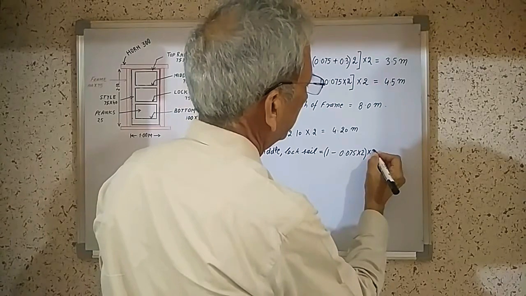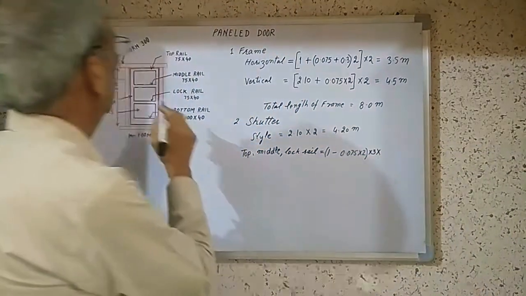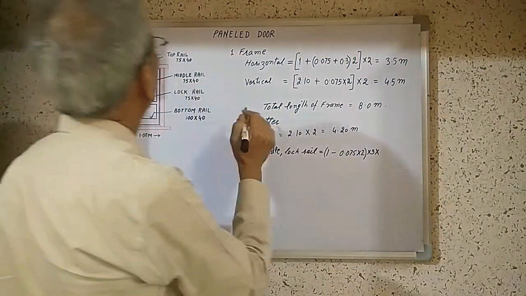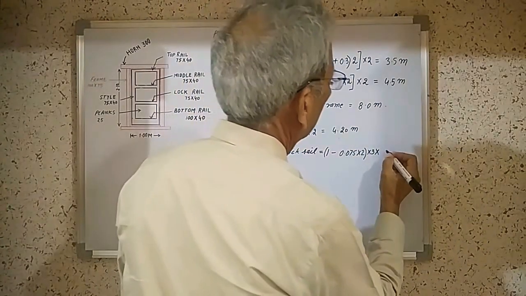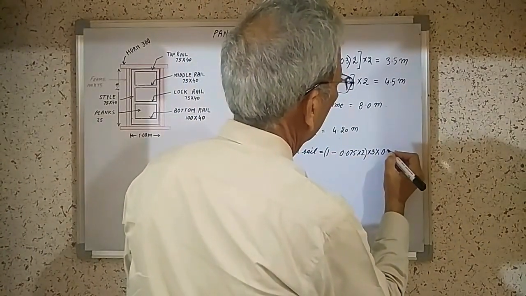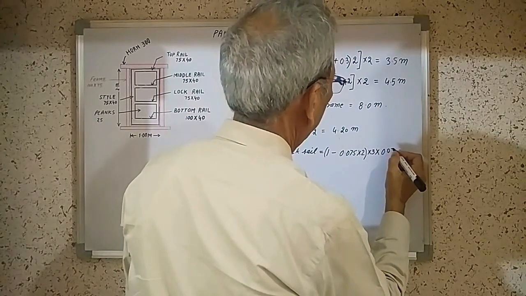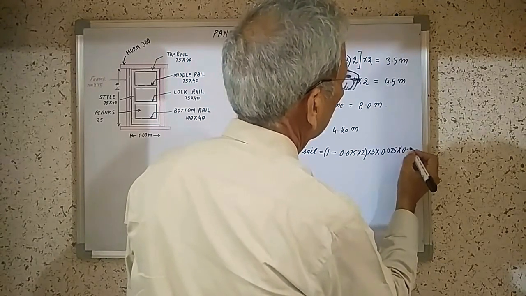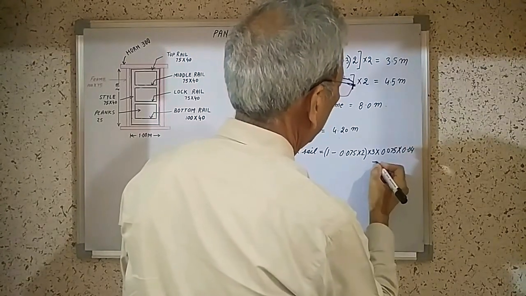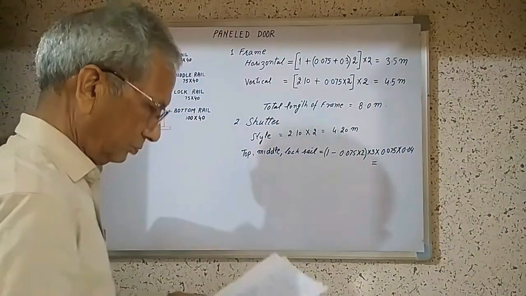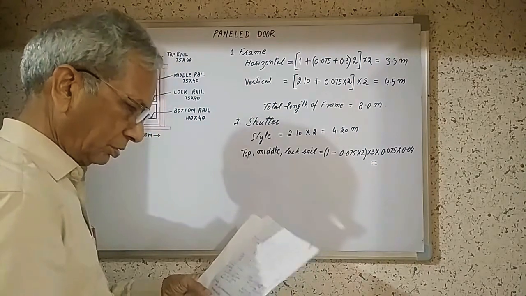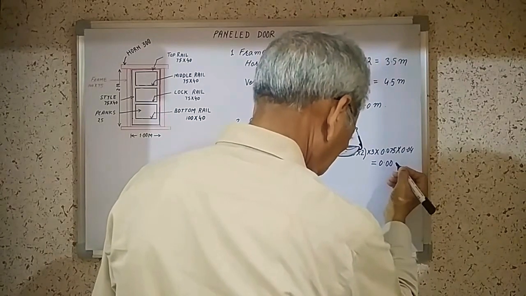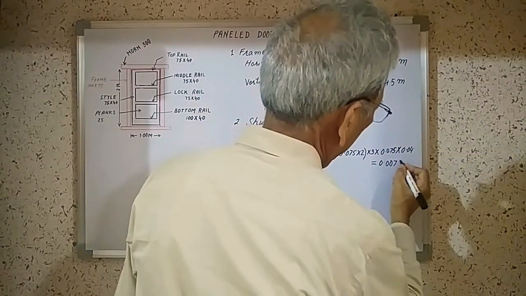Multiply by 3 members, multiply by the size, 0.075 multiply by 0.040. The total will be 0.00787 cubic meter.